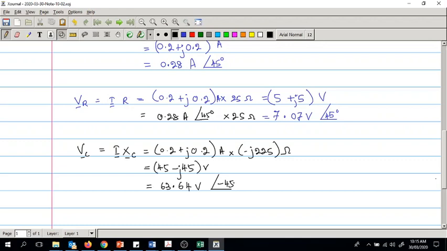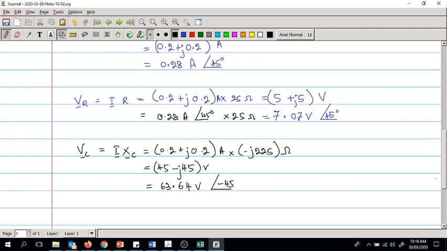Is this correct? I think I have made a mistake here. Let's check. 0.2 plus 0.2i multiplied by, yeah, this is correct, because this rotates it by 90 degrees, so it's correct.